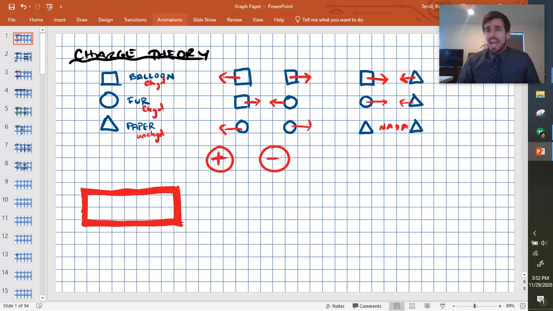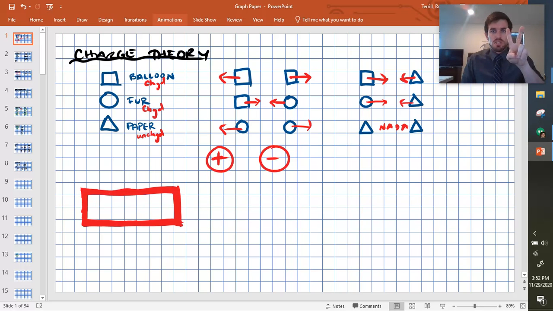And everything has either a positive charge or a negative charge or a combination of both of those charges so that their total is zero. If you have two positive things, they will repel. If you have two negative things, they will repel. But if you have positive and negative things, they will attract. And charged things will attract towards those neutral things.